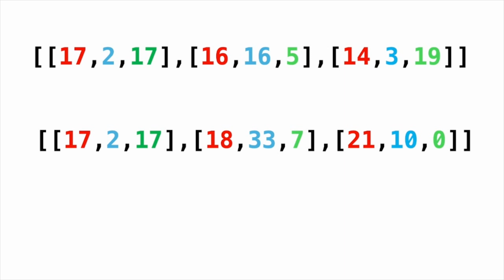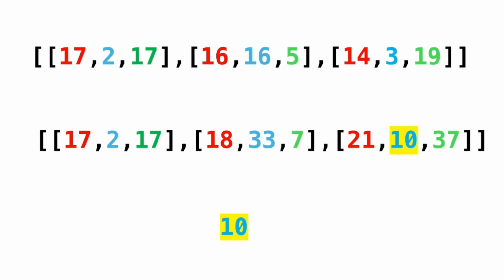So the cost is 19 plus 18, which is 37. So the minimum cost to paint all the three houses is the min of the last list. The minimum value of the last list is 10. Hence our output is 10. We are returning the value as 10.